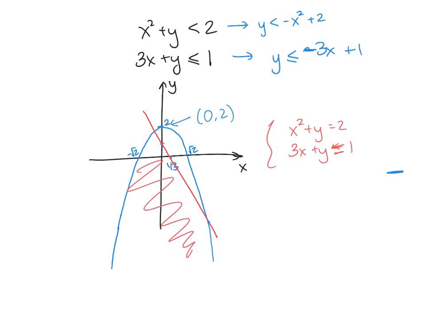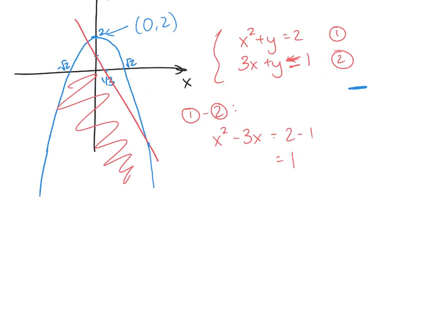The straightforward way I would think about this, I admit, is as follows. Subtracting one from the other, the elimination method. If I take 1 minus 2, that would be x squared minus 3x, my y's cancel out, equals 2 minus 1, so that's 1. So x squared minus 3x minus 1 is 0.